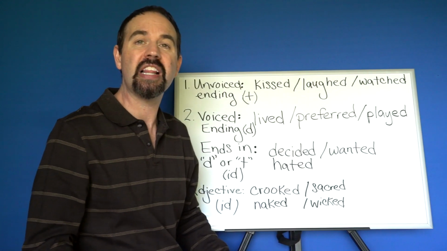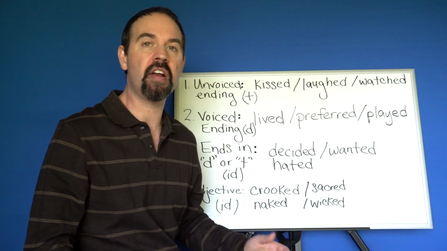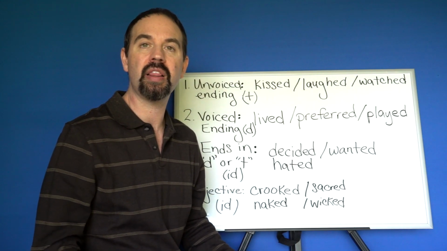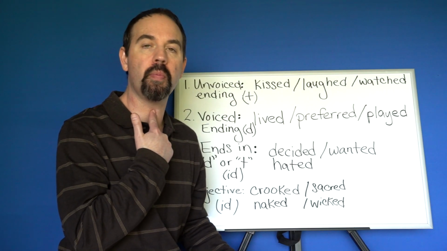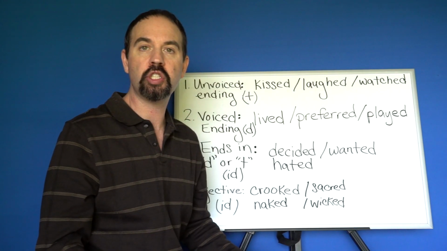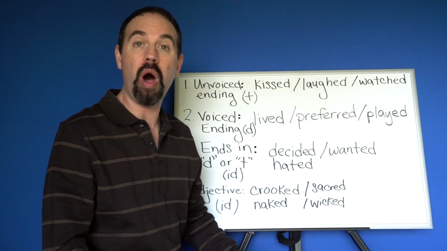Here we have laughed, because the word laugh is unvoiced. There's no vocal cord vibration, so we add a t. Laughed. We don't bring the sound down here. We keep the sound in the mouth. So laugh, laughed. And here we have watch.